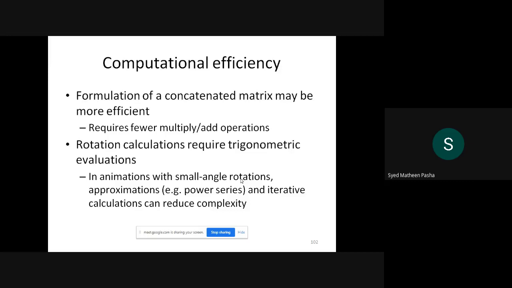If this rotation angle is very small, you give an approximation value as the rotation angle, and with respect to that it can be calculated, which reduces the complexity of that animation. You will be performing some evaluations or changes with respect to complexity there. So these are the computational efficiency points you need to remember.